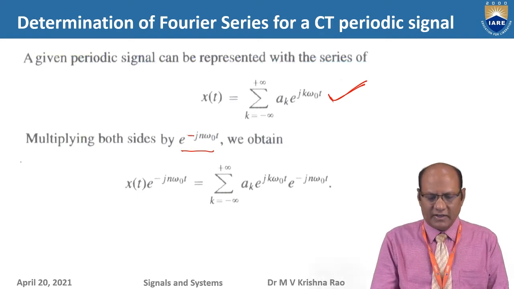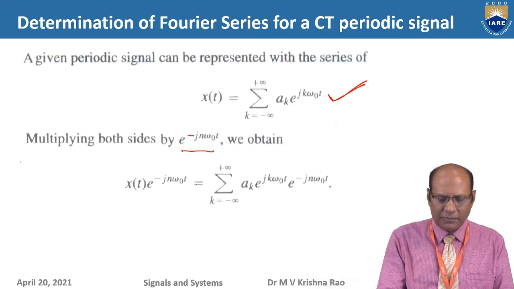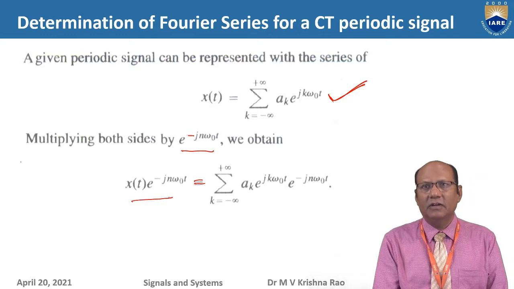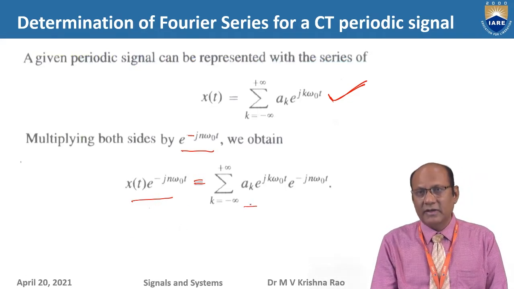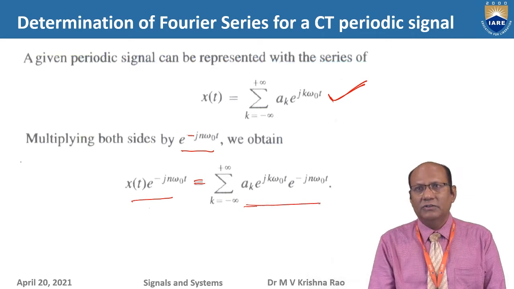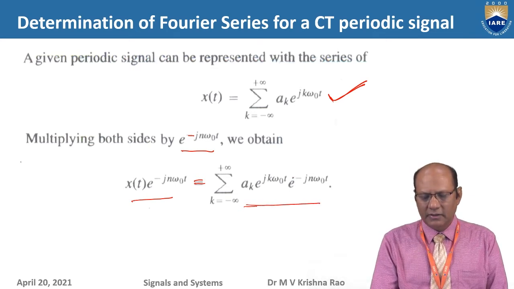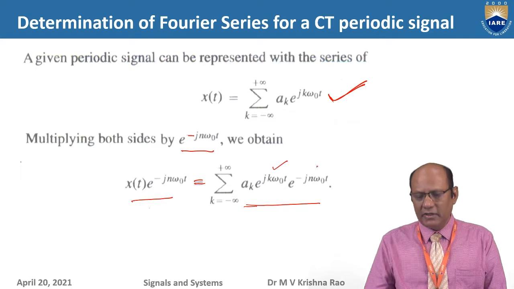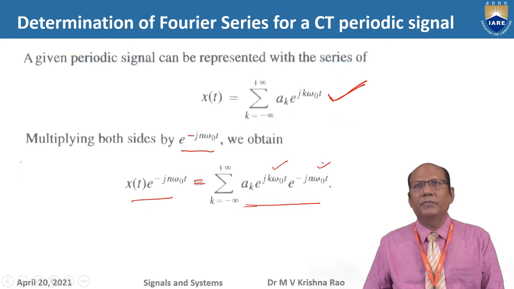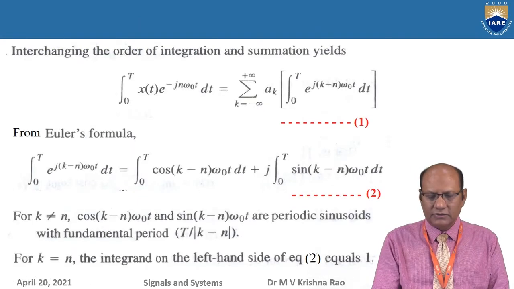After multiplication, I have this term on the left side and this term on the right side. I have to combine this power and this power, raising it to e. By doing that, this is what I have.